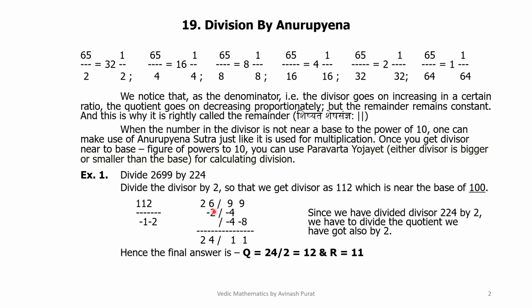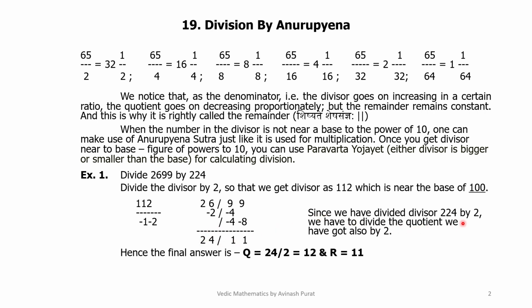6 plus -2 is 4. So 4 multiplied by -1 -2 is -4 -8. Now we take total: 9 plus -8 is 1. 9 minus 4 minus 4 equal to 1 again, and 4 is the original division.